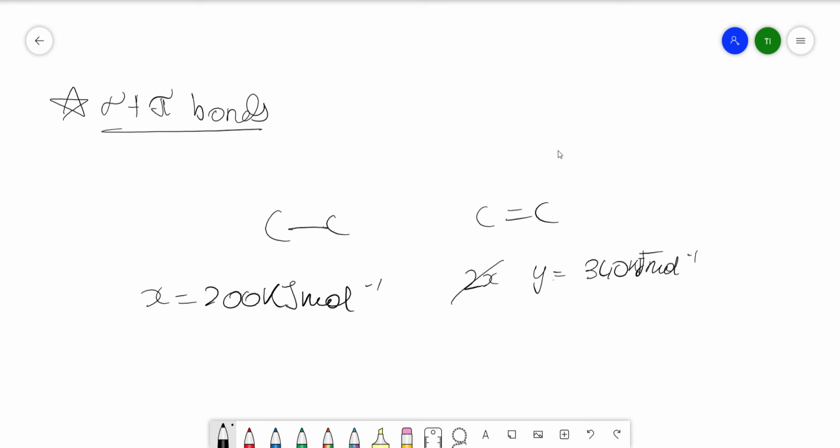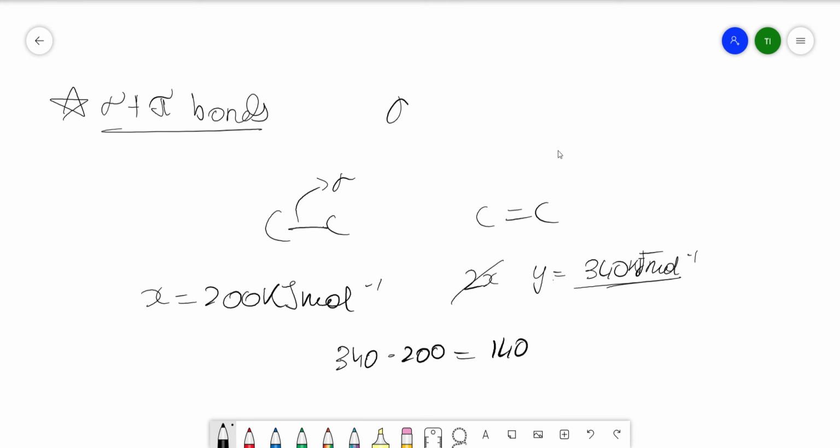The reason why I'm saying sigma bonds are stronger than pi bonds is because the single bond energy is formed solely due to a sigma bond, right? What is this energy formed? This is 340, right? And 200 of this 340 is coming from the sigma bond that's already present. So what is coming from the pi bond? That would be 340 minus 200, and that would be 140.